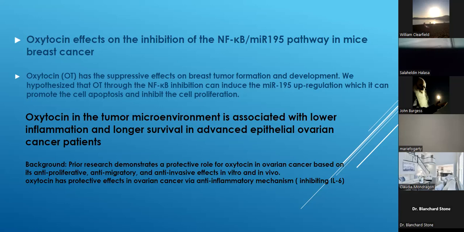And it also inhibits interleukin-6, so that means it inhibits the polarization of the immune system away from Th1. And that means it helps the immune system by inhibiting the Th17 polarization.